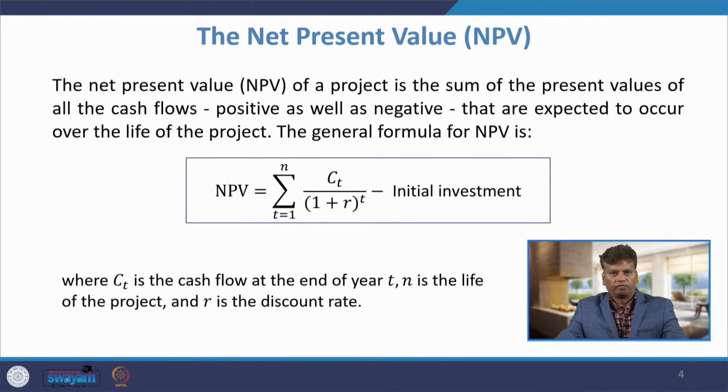The general formula for NPV is NPV equals sigma t equals 1 to n of Ct upon (1 plus R) to the power t. Here Ct is the cash flow at the end of year t, n is the life of the project and R is the discount rate.